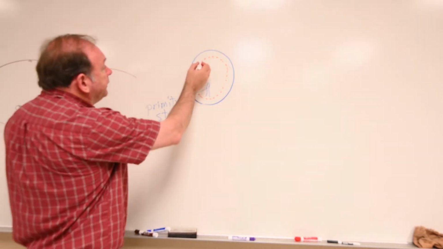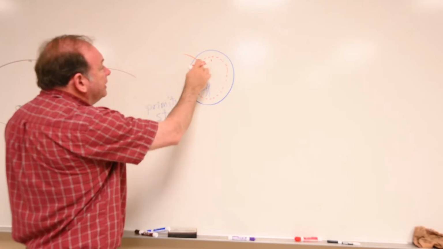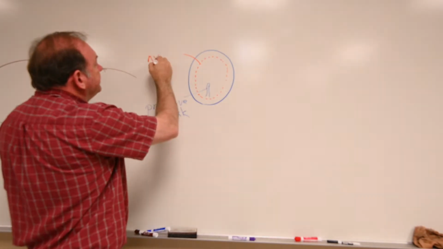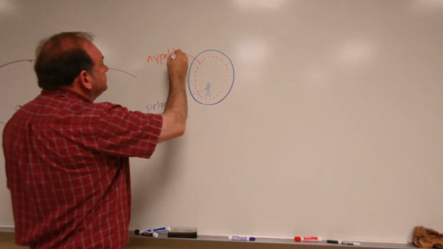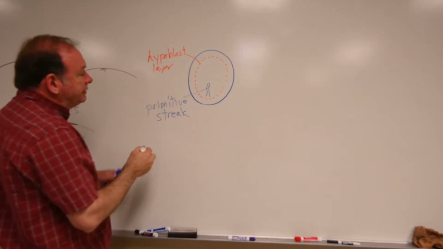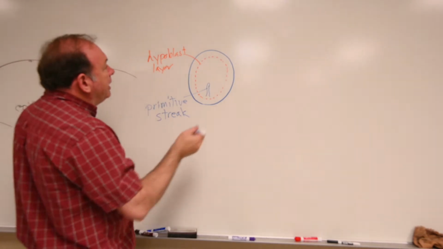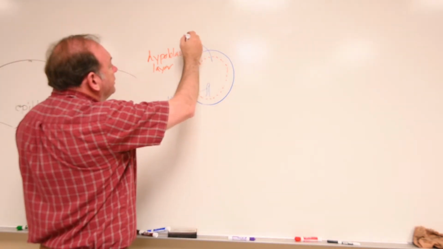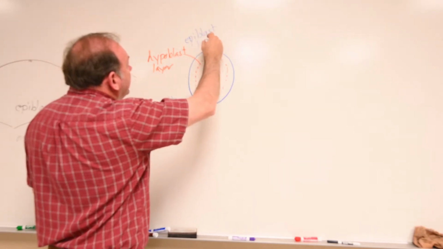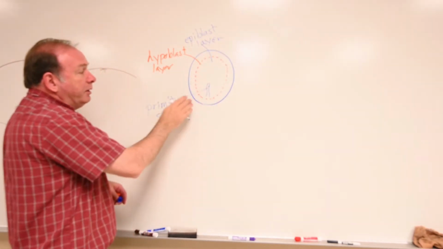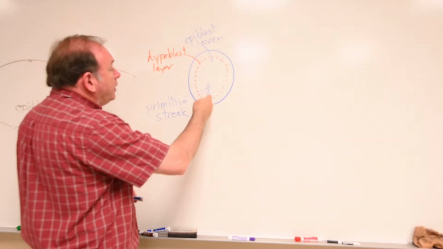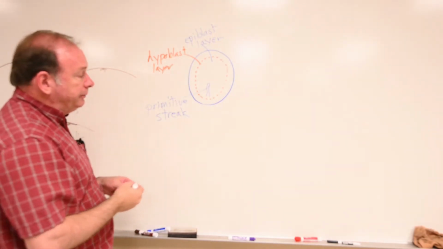I'll just put this in here to remind us that this orange dotted line represents the hypoblast layer, and on top in the blue we have the epiblast layer. So we have the two-layered embryo, and in the epiblast, in the top layer, what's going to be our ectodermal layer, we have the beginning of the primitive streak.